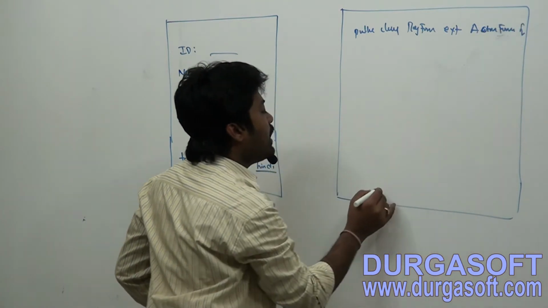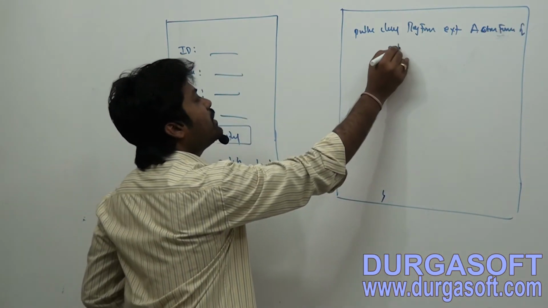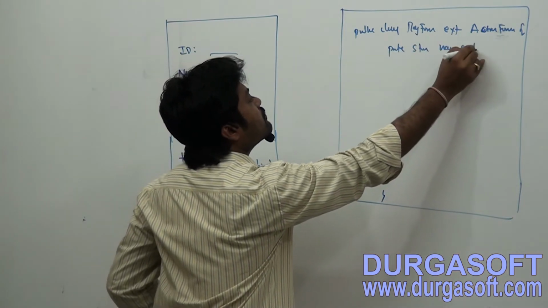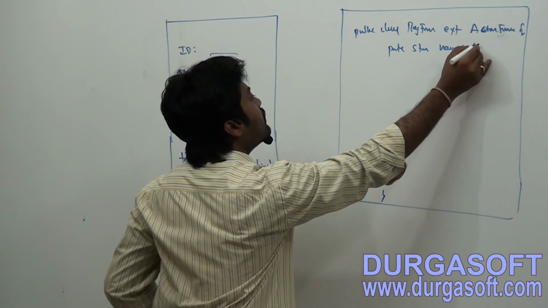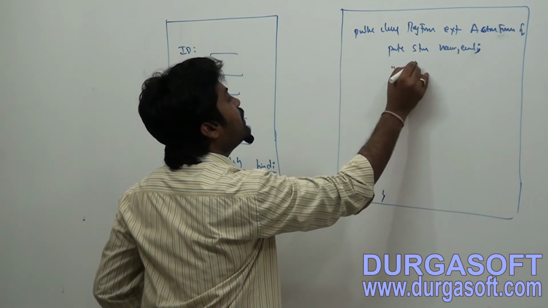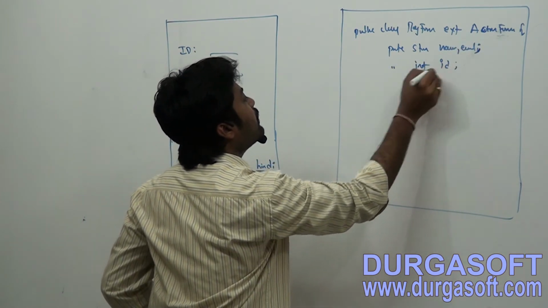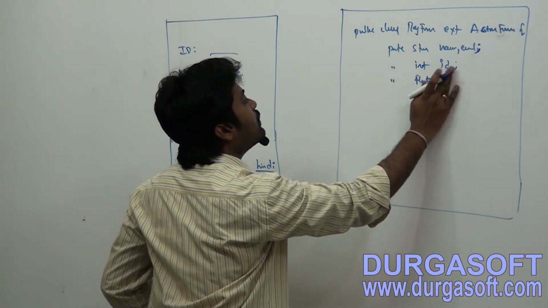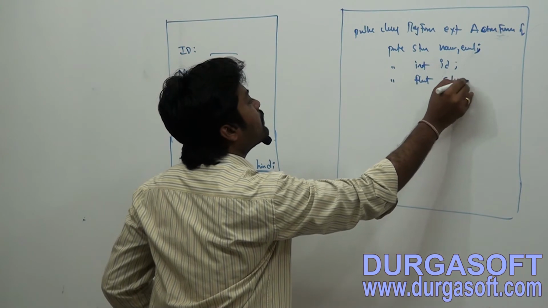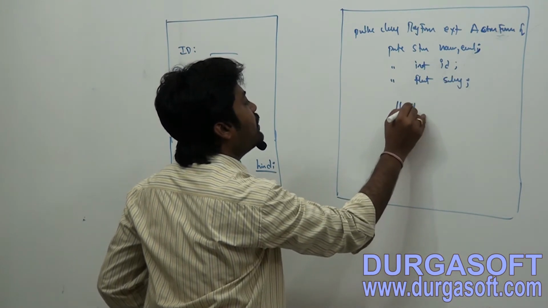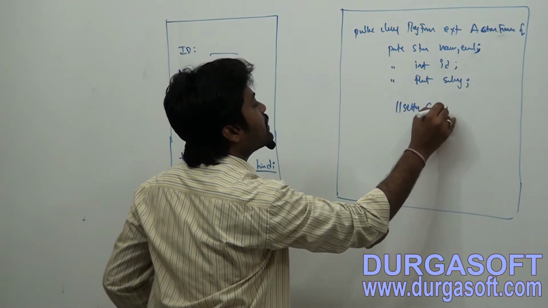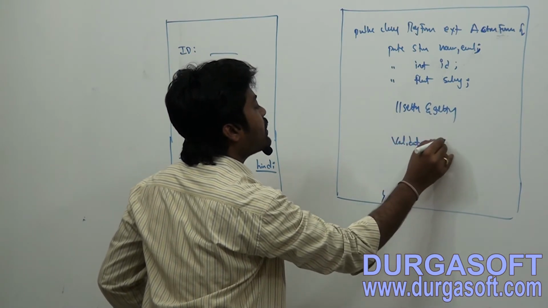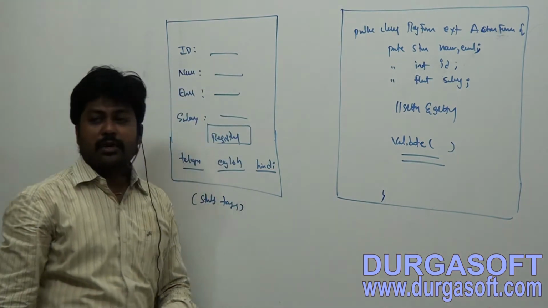In this class you need to write all private properties: private String name, email, and private int ID, private float or double salary. Then write setters and getters here. Along with this we can write validate also here. Validations also we can write here.